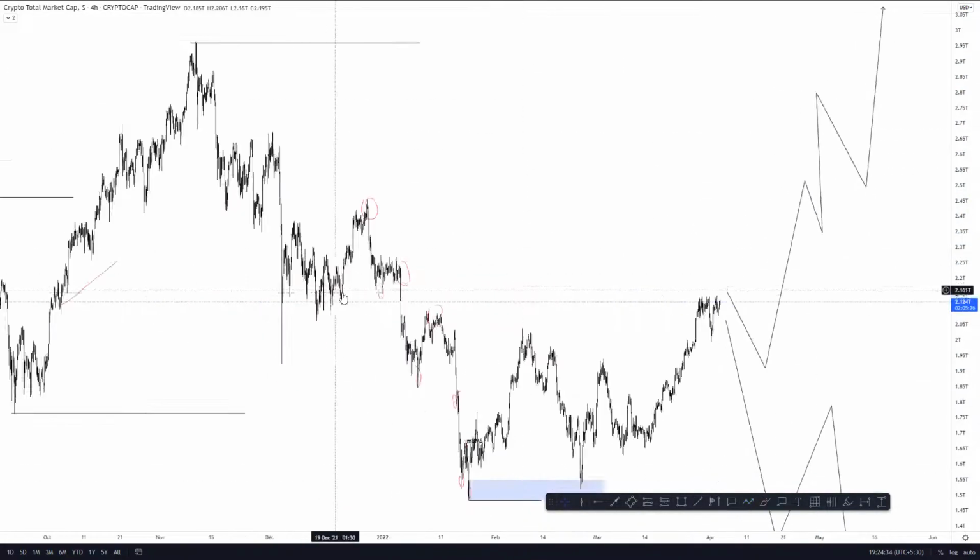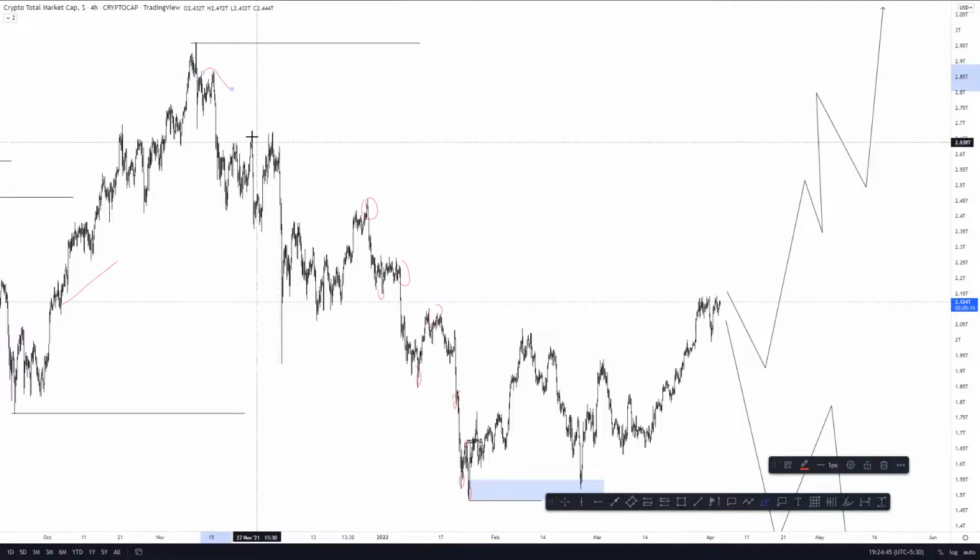After taking out this liquidity, price has formed all these internal liquidity we have, like this, this, this, this, and this. So price has taken out this liquidity and given us a minor break in market structure.